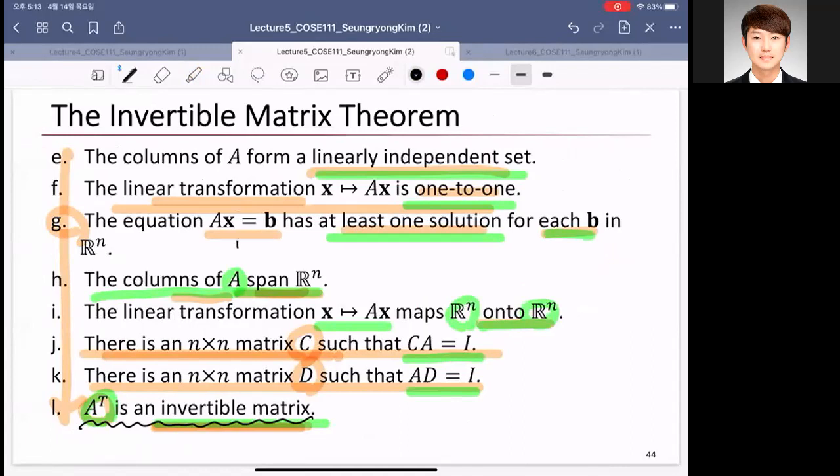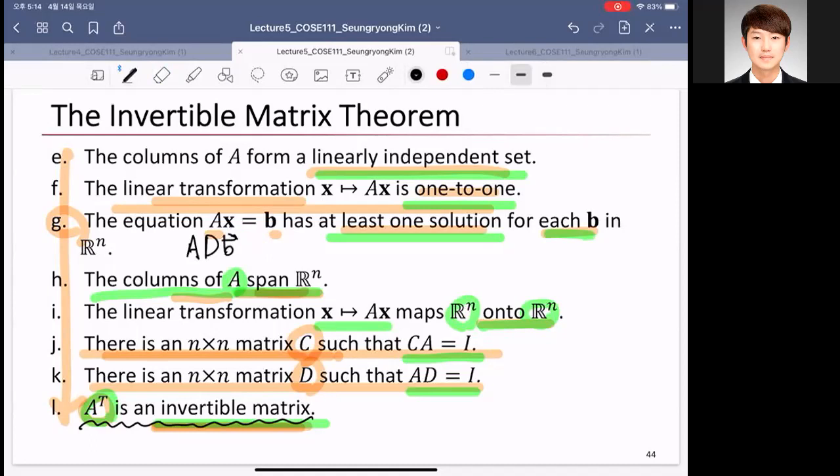If we multiply the inverse of matrix A on the left hand side, like this, A inverse b.